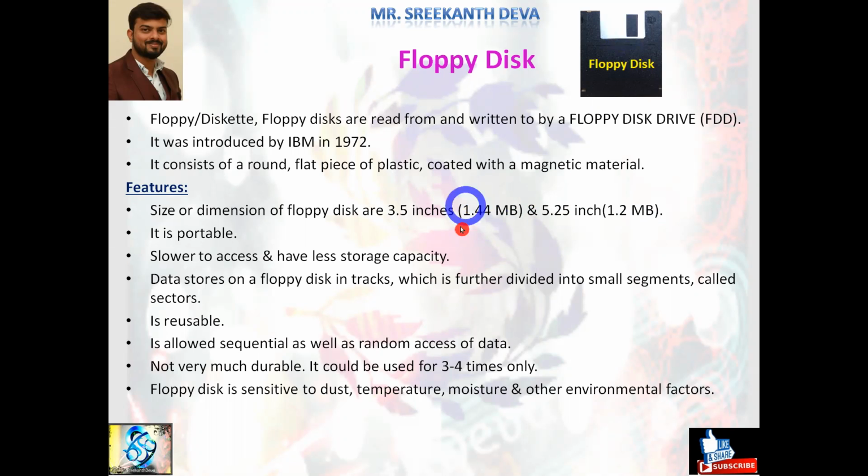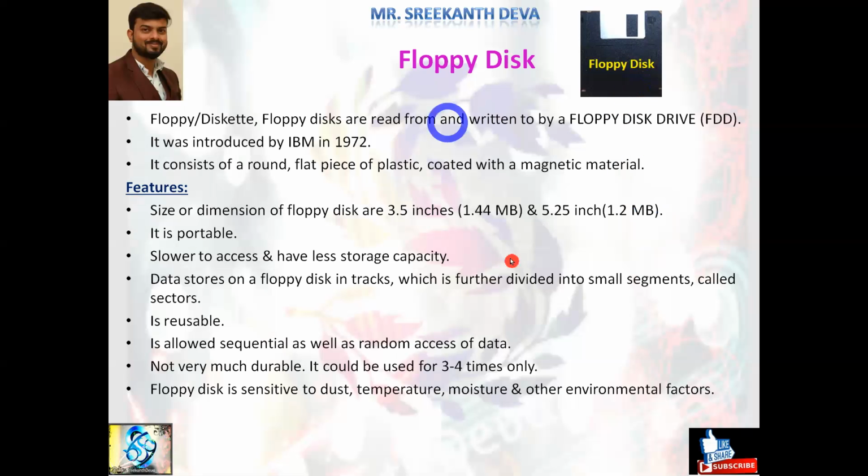The 3.5 inch stores around 1.44 MB of data, and the 5.25 inch stores around 1.2 MB. Floppy disks are portable, which means we can easily carry this storage device from one place to another for data storage. Floppy disks are slower to access than hard disks and have less storage capacity.